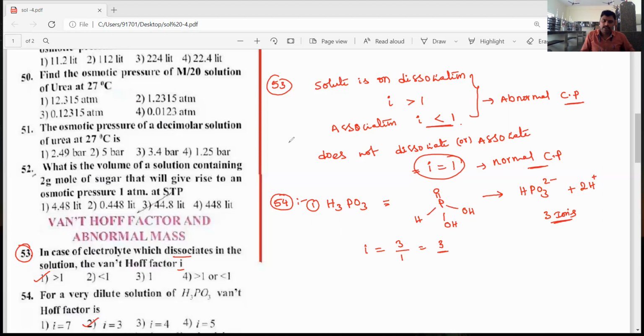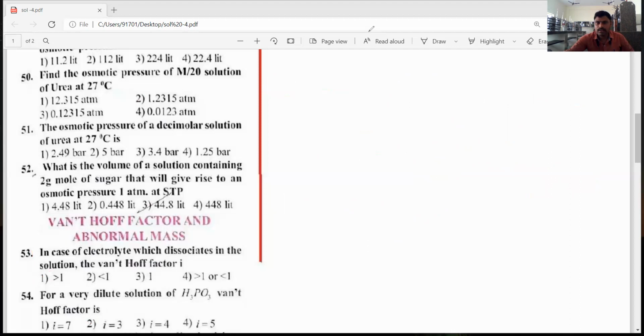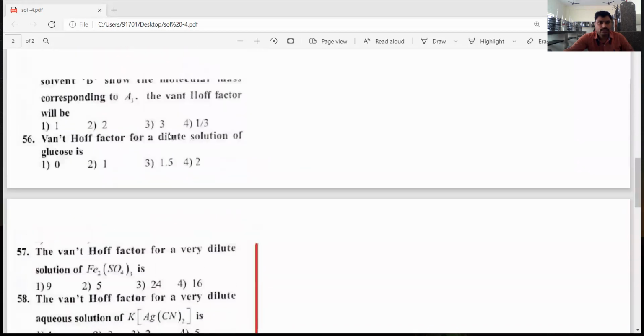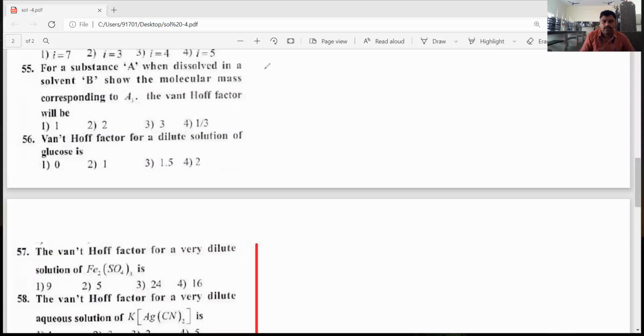Okay, dear students. Let's go for the 55th question. It's very easy. Just read the question carefully. A substance A, when dissolved in a solvent B, the molar mass corresponds to A3.